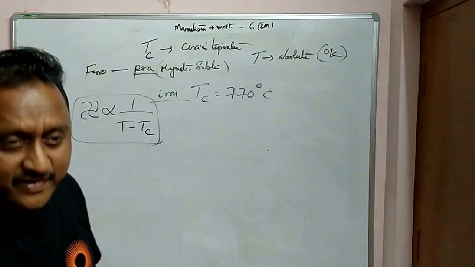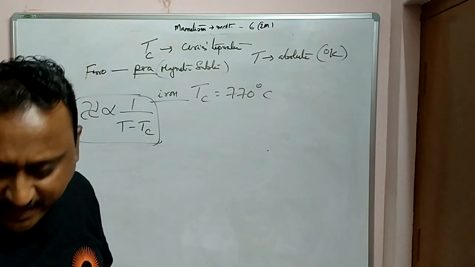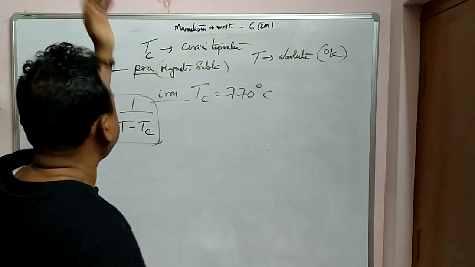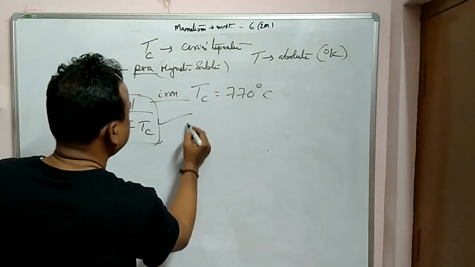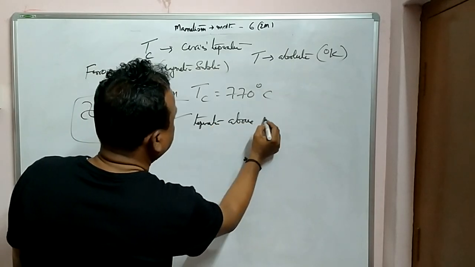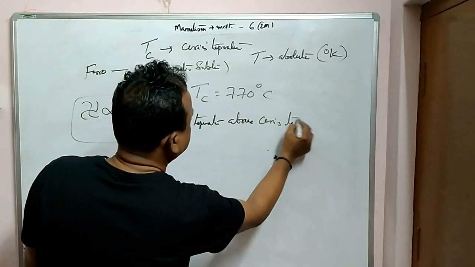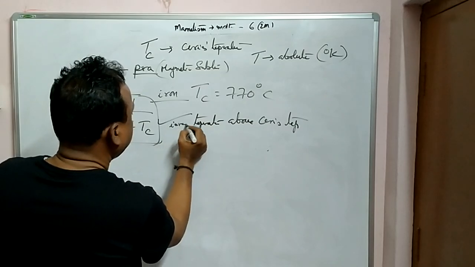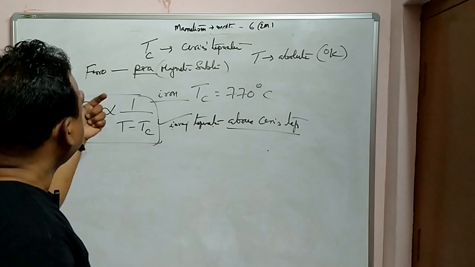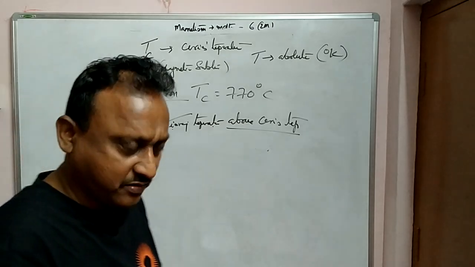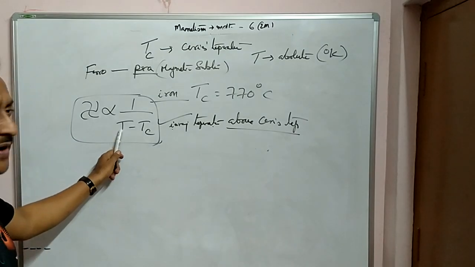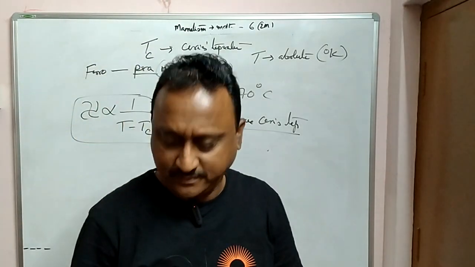When the temperature is increased above Curie's temperature, we can use this relation. Then zeta or psi is proportional to 1 by T minus Tc. In that case, you will be using this formula. This is absolute temperature, this is Curie's temperature.